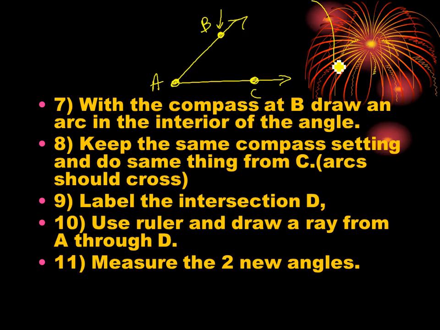Then as soon as you get done doing that, what are you going to do? Instead of putting your point on B, you're going to put it on C, and you're going to make another arc. All right, and the other arc, if it goes off the paper, then you might have to make your compass smaller. You'll be all right. Just come back this way.